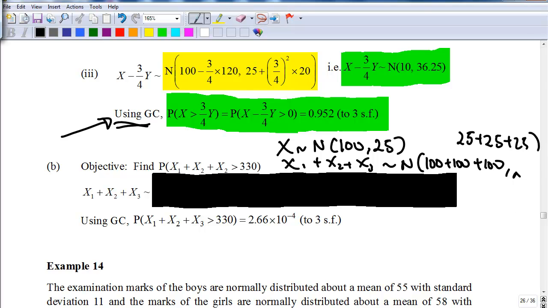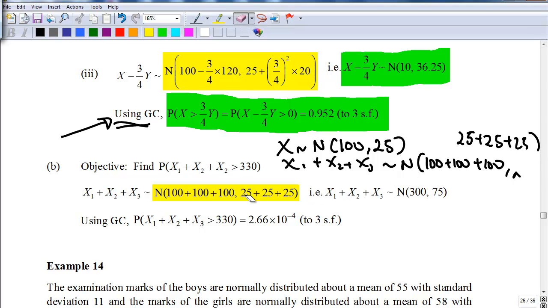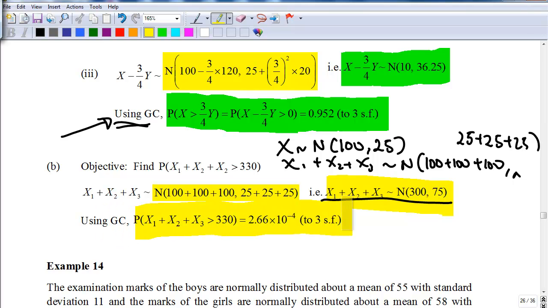Okay, so that's how you will get X1 plus X2 plus X3 is a normal distribution with mean 300 and variance 75. So again, once you have got this out, then you can now use the GC to compute this and get the answer 2.66 times 10 to the power minus 4. Done.